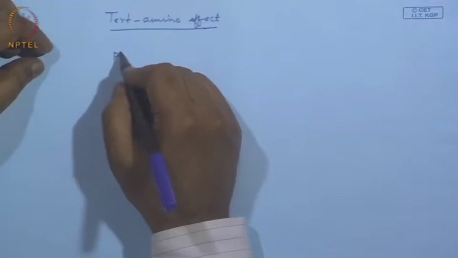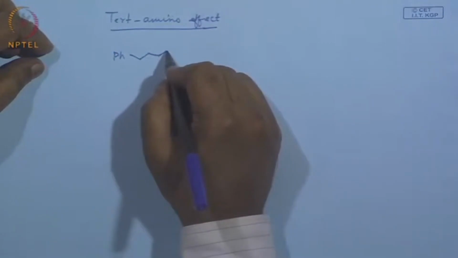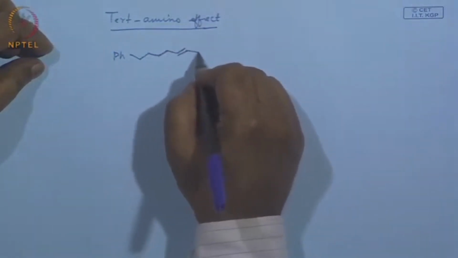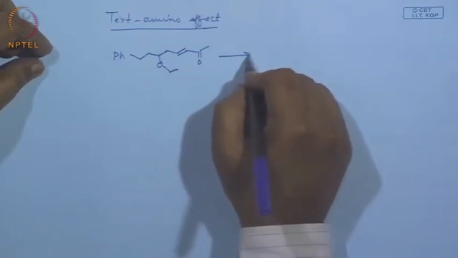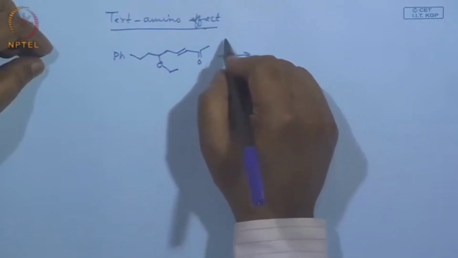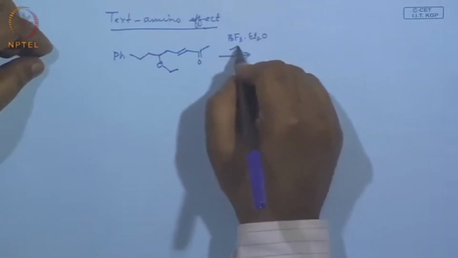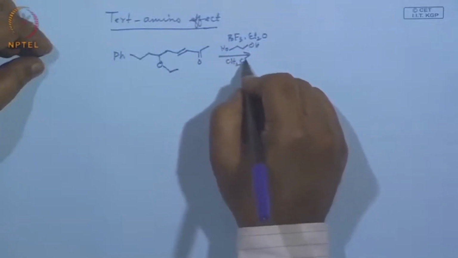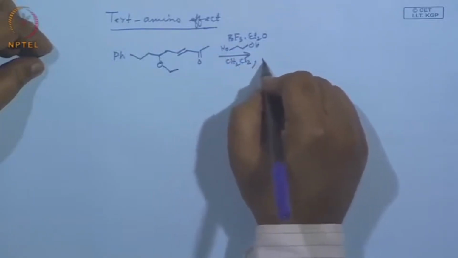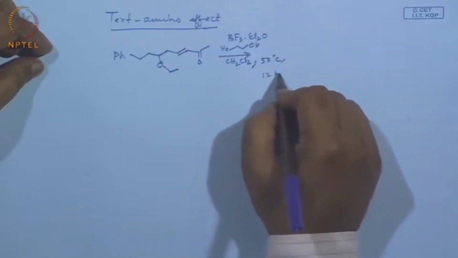For example, towards the end of the class, we will have something like this. Let us say you have an acyclic compound and react this with BF3 etherate and ethylene glycol, and the solvent is methylene chloride, and the temperature is around 50 degrees centigrade for certain hours, in this case 12 hours.